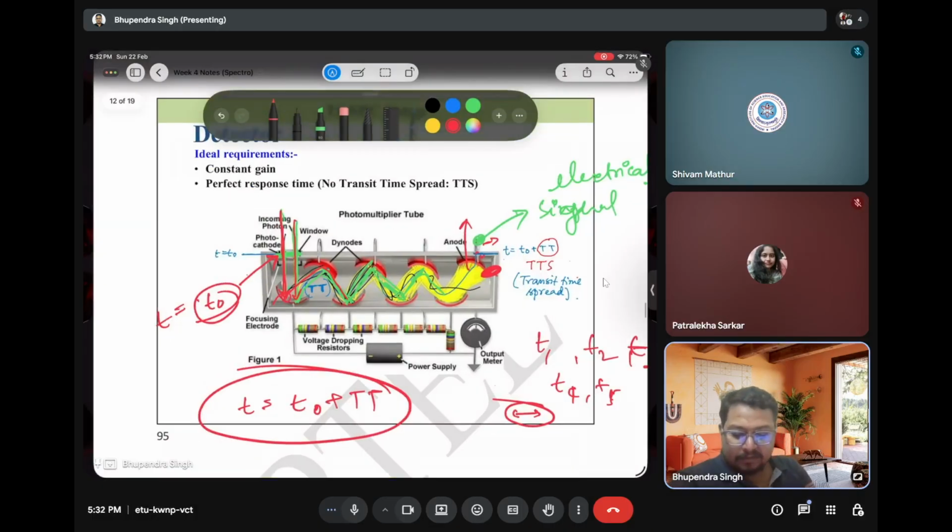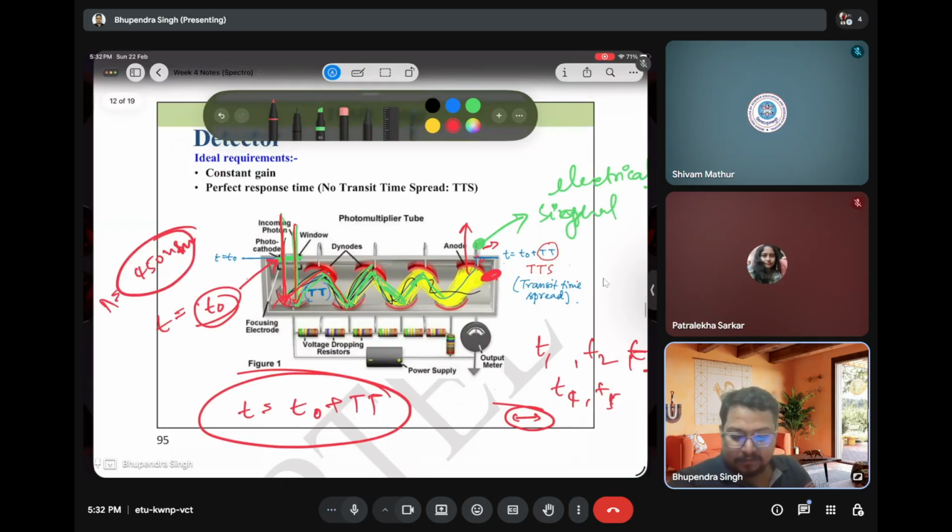let's say a wavelength of 450 nanometer, two photons of the same wavelength are coming, photon number 1, photon number 2. Even then the electrical signal, let's say it is generating 1 lakh electrons for one case, another case it will be 95,000, and for another case, let's say 1 lakh 10,000.